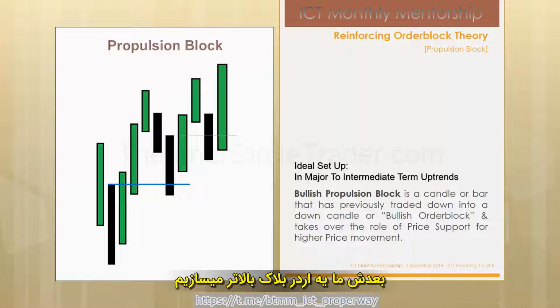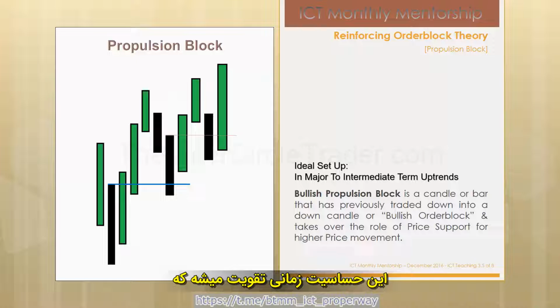Then we created another higher order block that touches the initial one. That new higher level bullish order block or down close candle will be highly sensitive. It should never see the mean threshold break, half of the body's height or the middle of the range of that candle's body. That mean threshold should not give way.